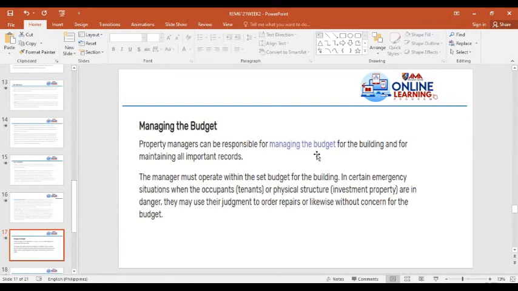So he has to make sure na yung budget na meron siniset na budget with regards sa maintenance and repairs of the property.